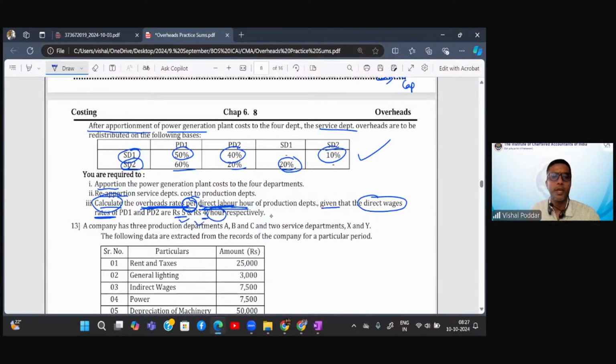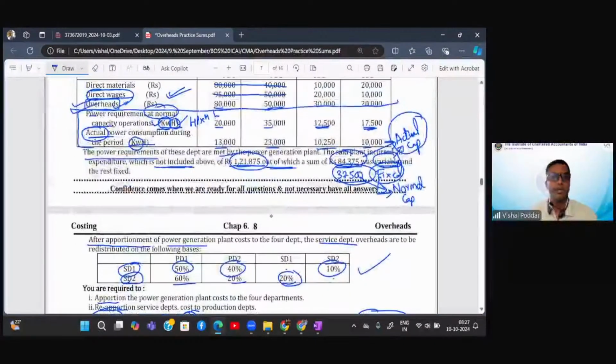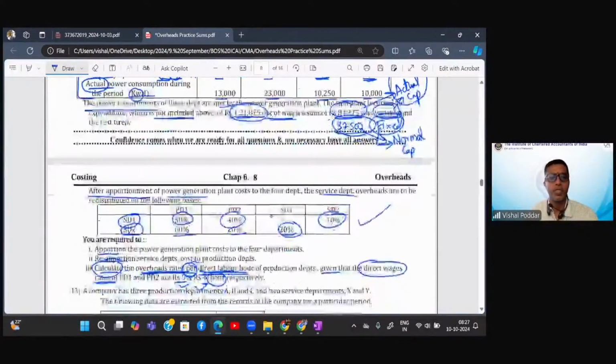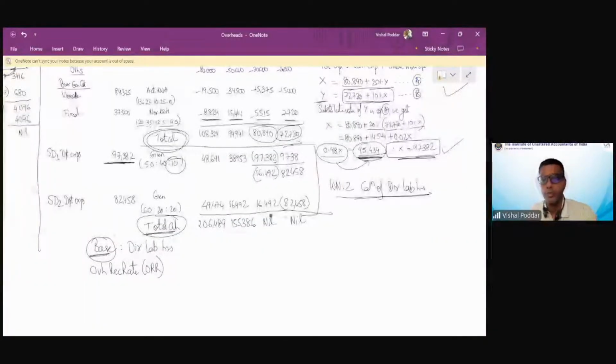So these are the wage rates. And here we have the wages. So this is wages and this is the wage rate. But what I want is labor hours. So I'm sure you would understand this. How do I get labor hours? It is the wages upon the wage rate per hour.